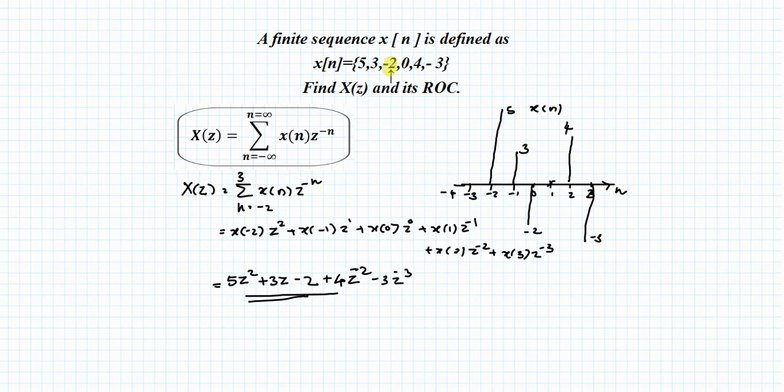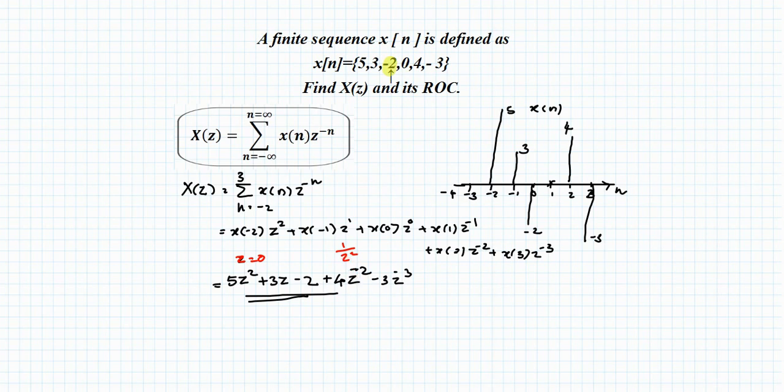And now we can think about the ROC. In this case, the Z transform exists for all z except at z equal to 0. If z is 0, there is a negative power term, z raised to -2, which is 1 by z squared, so if z equals 0 and you substitute it, it becomes infinity.